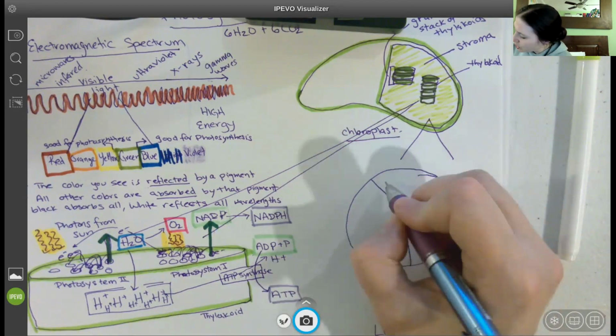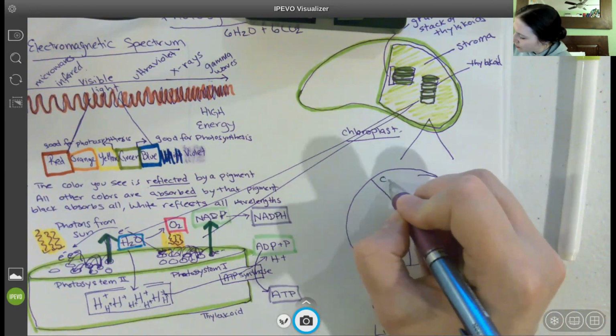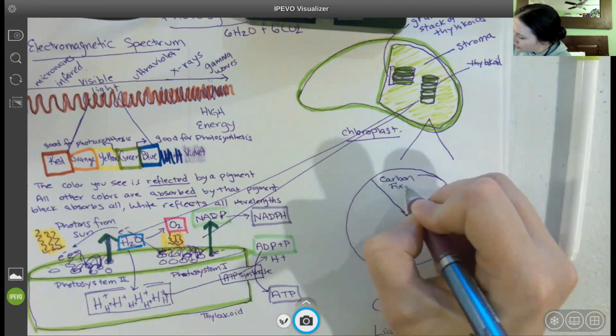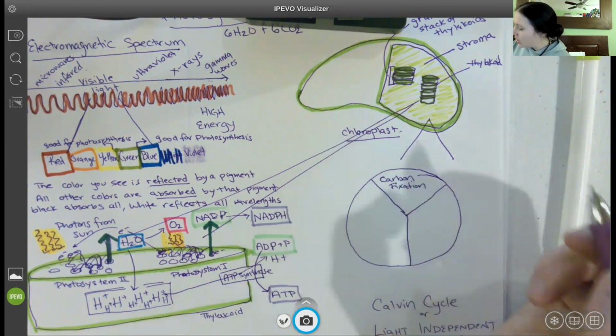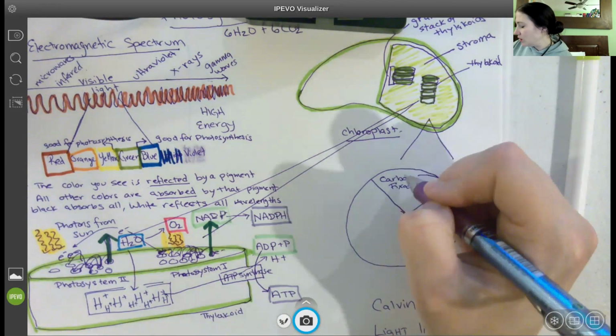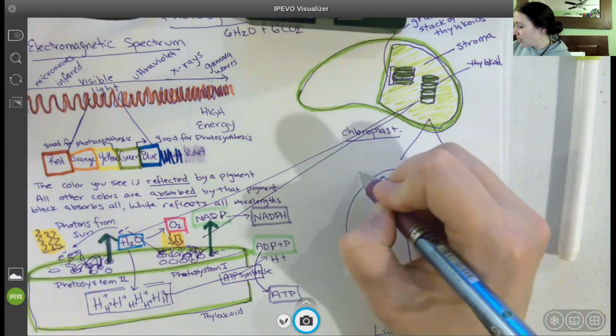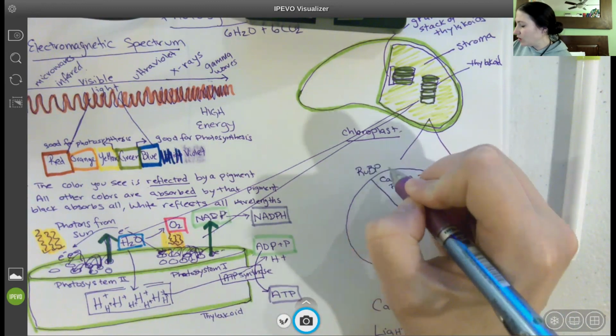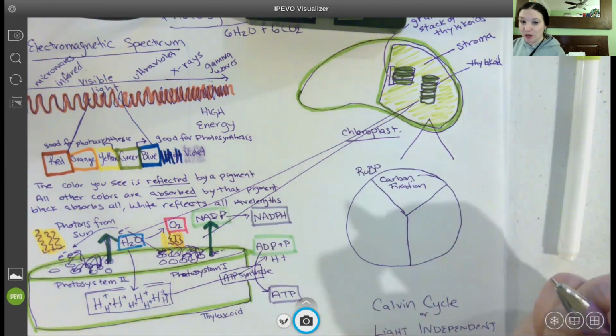So our first step is carbon fixation. In carbon fixation, you start with a molecule called RUBP. I don't really care that you know that, but it's a type of carbohydrate.